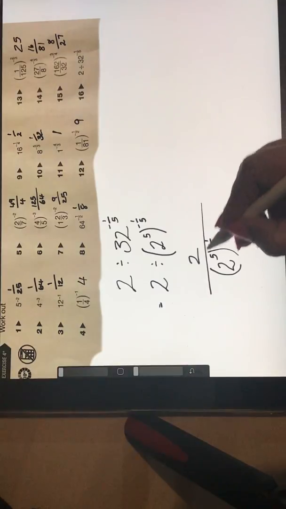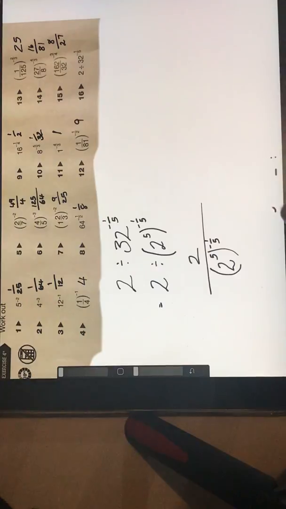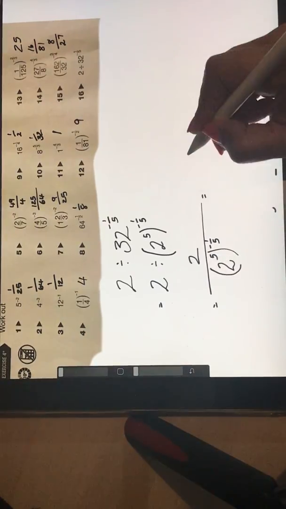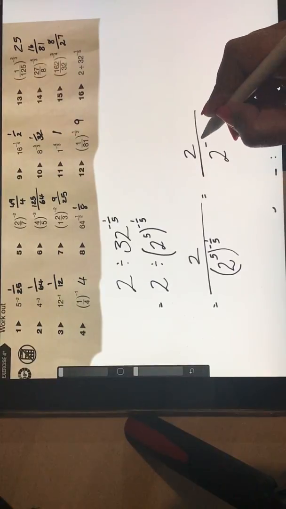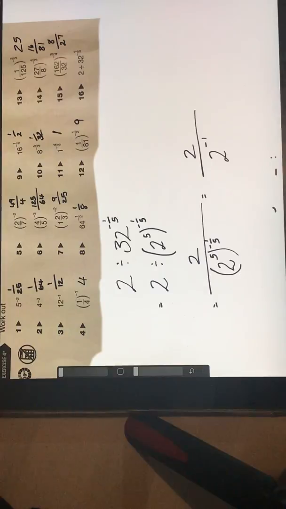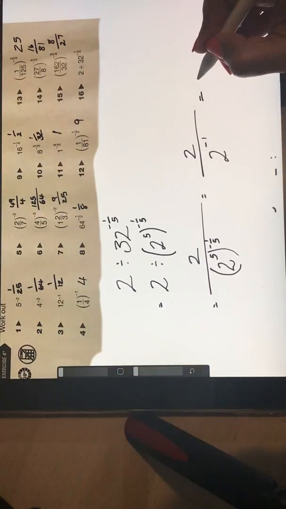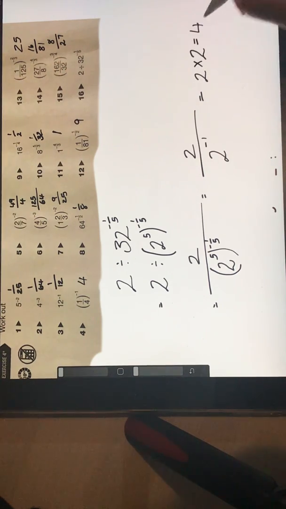Now multiply these with one another. 5 times negative a fifth will give you 2 at the top, and at the bottom it will give you 2 to the negative 1. Now the negative 1 can go to the top, so we've got 2 times 2, and that will give me 4.